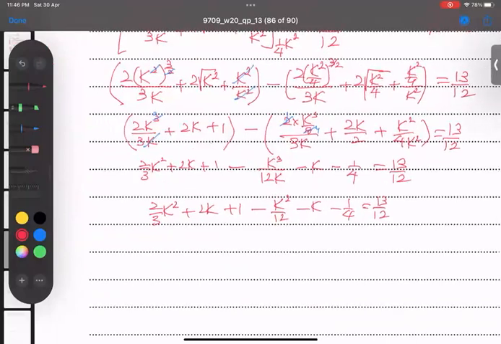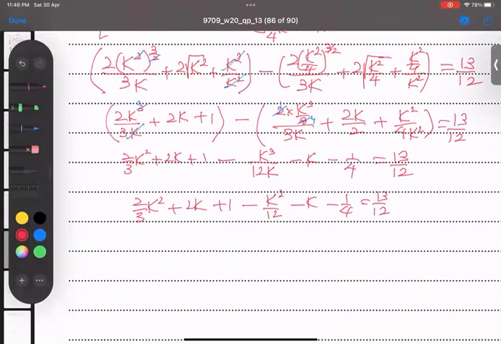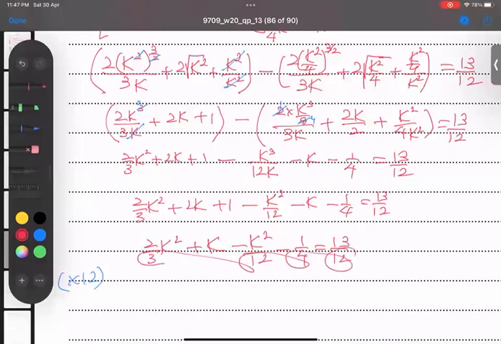And I think so. Further, I can say 2 by 3 k square. This and this simplify, I get plus k. Even I can do it the other way, but let's do it this way. Maybe you feel it is easier this way. Multiply the whole equation by 12. The reason is that all these numbers have denominator 12.